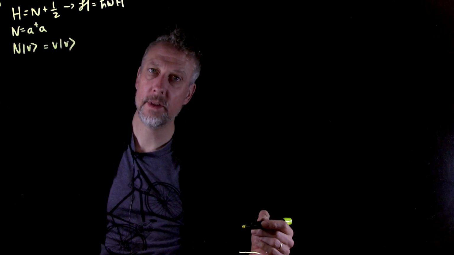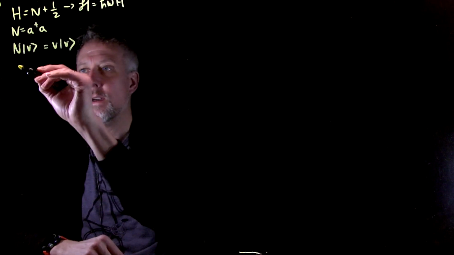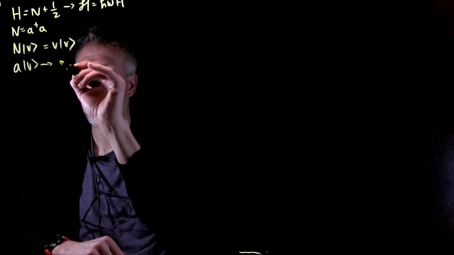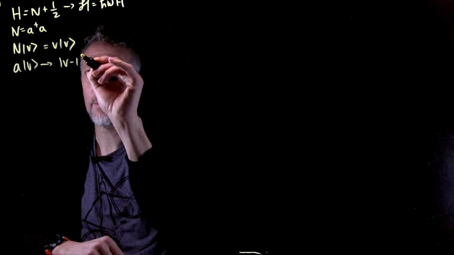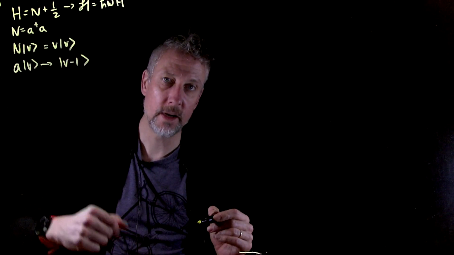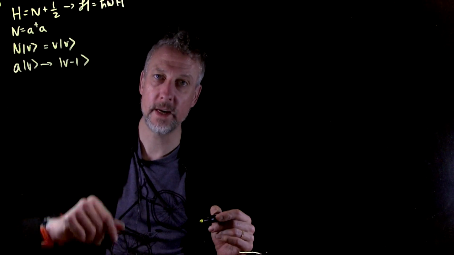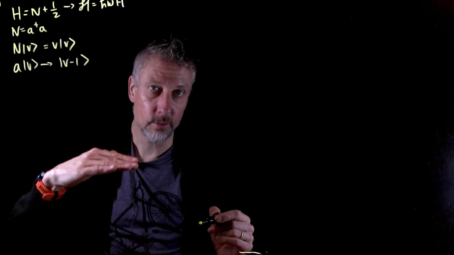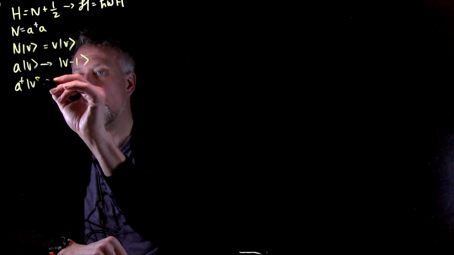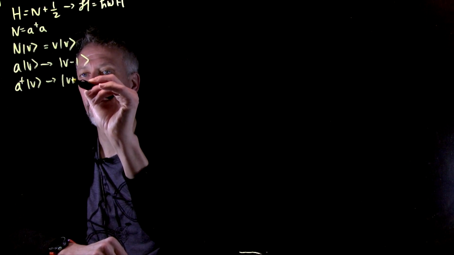We figured out that A operating on v will give us back a vector which, when operated with N on it, will give an eigenvalue that's v minus 1. So we will say that this creates somehow the v minus 1 state. A dagger on v will create somehow the v plus 1.